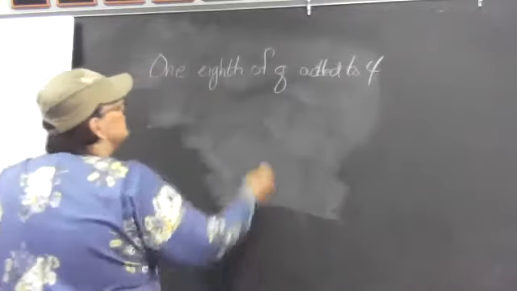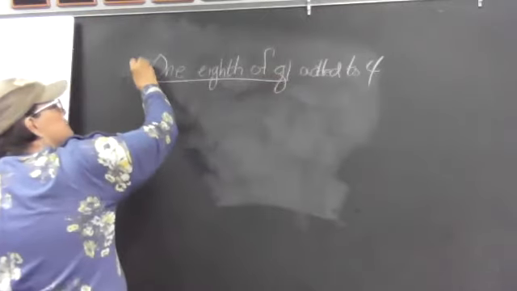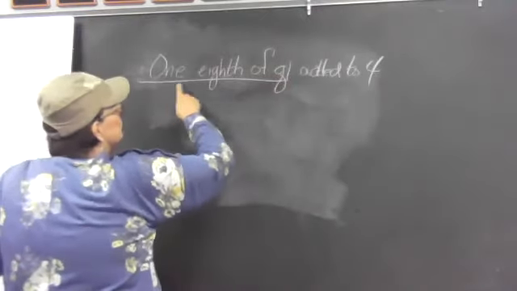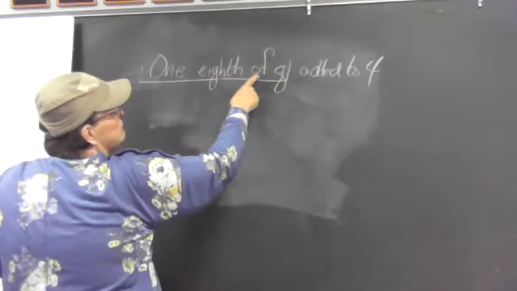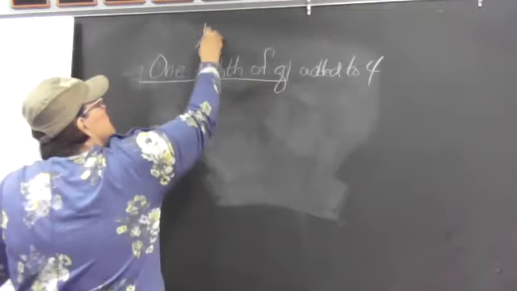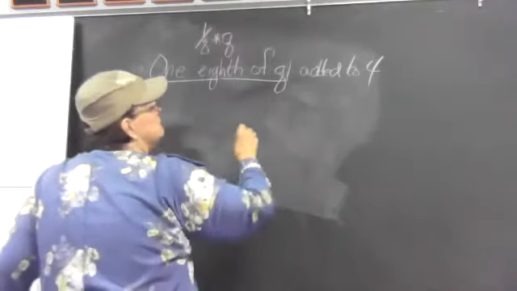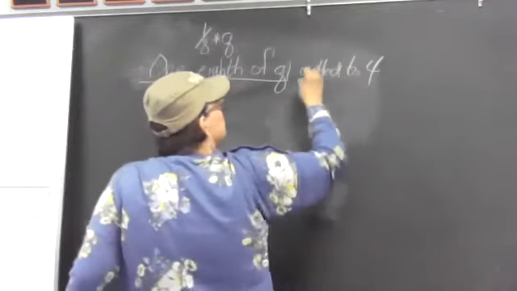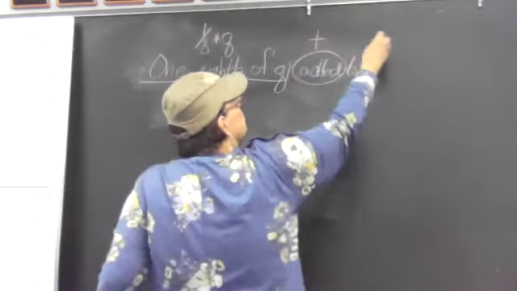Okay, so here's a phrase. We need to find out what this says. 1/8 we know is a fraction. Of means times, so I have 1/8 times Q. And then added, of course, is plus, and then 4.